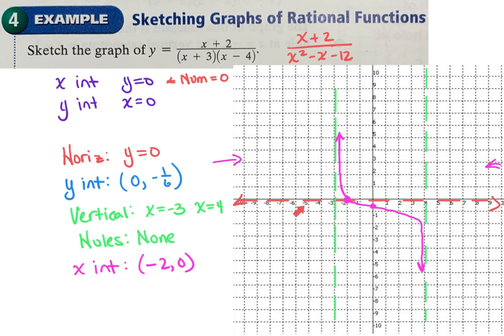So if you pick a number, let's say -5, and plug it in, you just got to figure out what's going on. So I'm going to pick a number. Let's say -5. It doesn't matter which one. What happens when I plug him in? -5 plus 2 is going to be a negative number, right? You don't have to worry about what it is, but yeah, it's -3. All right, so it's negative on top. -5 plus 3, is that going to be positive or negative?